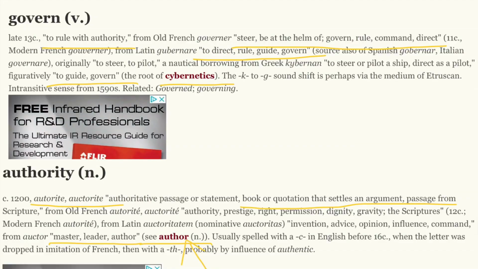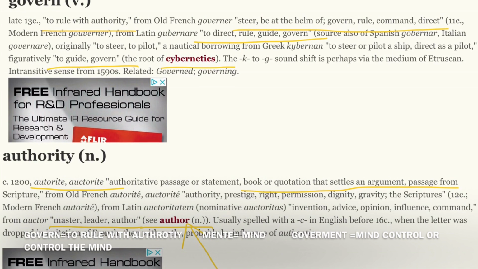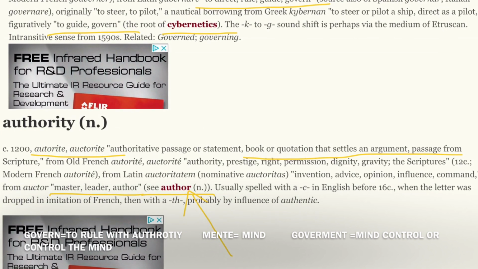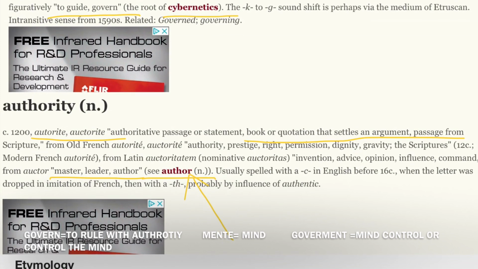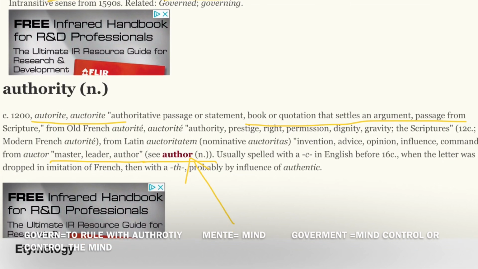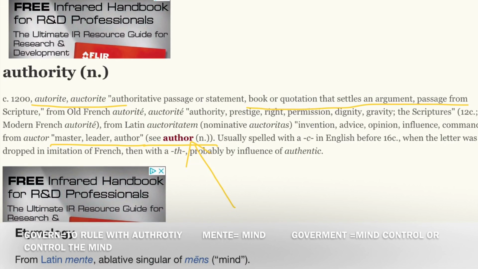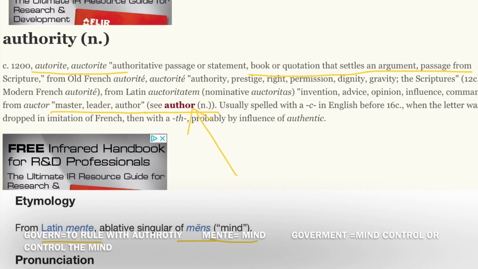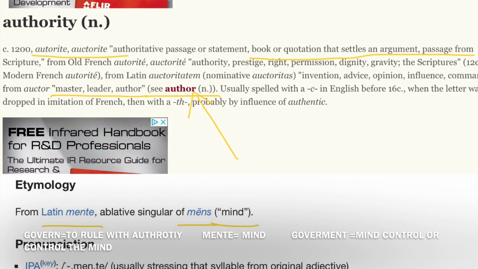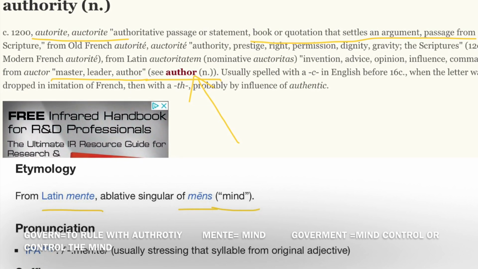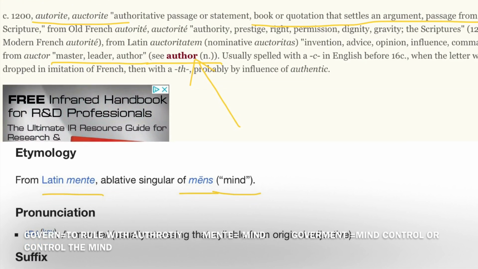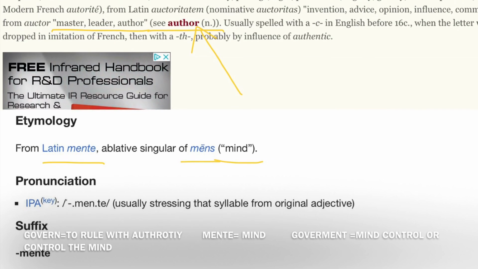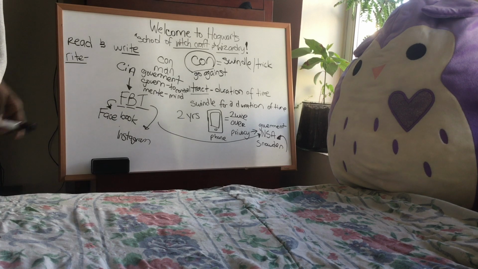The government only wants you to do one thing, which means you don't have free will. So that's just a little lesson for you guys.